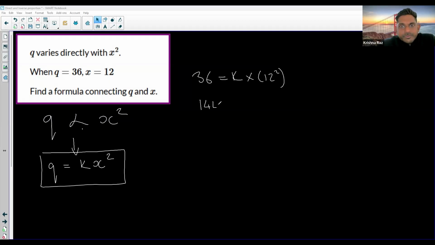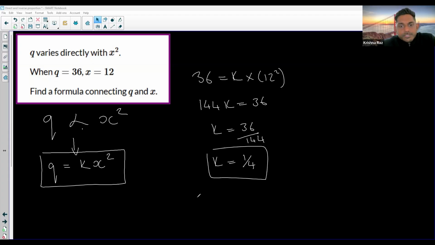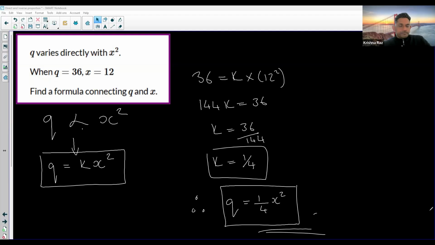So 144K equals 36. And again, K is going to be a quarter. So therefore, Q equals a quarter of x squared. Boom. So whenever the question says directly proportional or varies directly with, we know it's going to be of this form.